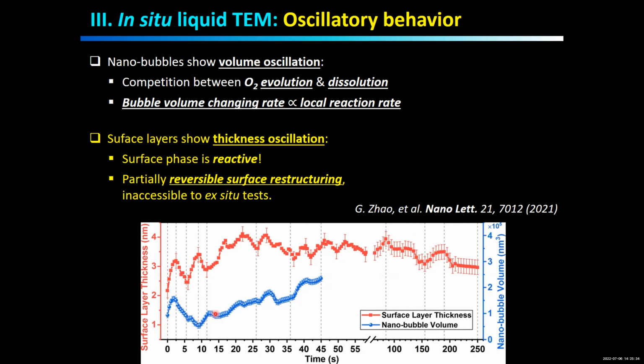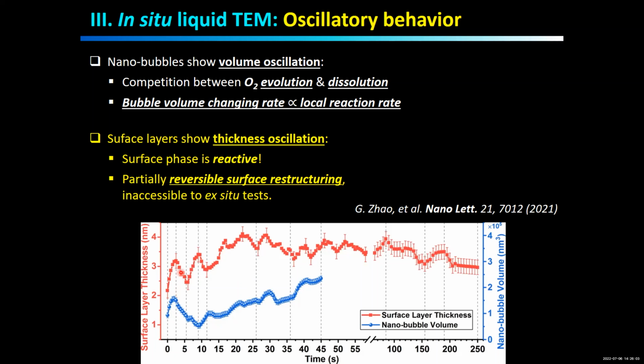So this means that there is a competition between the oxygen evolution and the dissolution. During this observation, we are conducting a constant liquid flow, so we can consider the dissolution rate is constant. Therefore, if the OER rate is higher than the dissolution rate, the oxygen bubble must grow, otherwise the oxygen bubble must shrink. So the volume changing rate should reflect the local OER reaction rate.